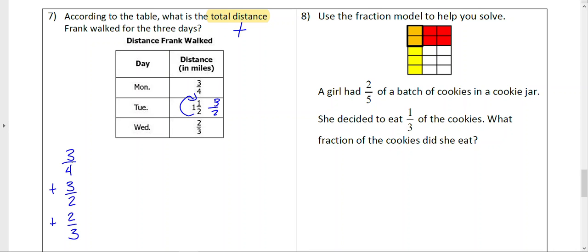And I'm going to look at my denominators. I have a 4, a 2, and a 3. You can look on your multiplication chart for what goes into 4, 2, and 3, and it would be 12.